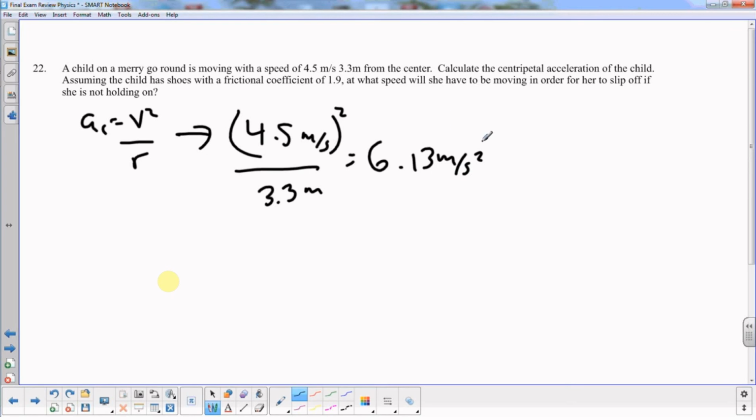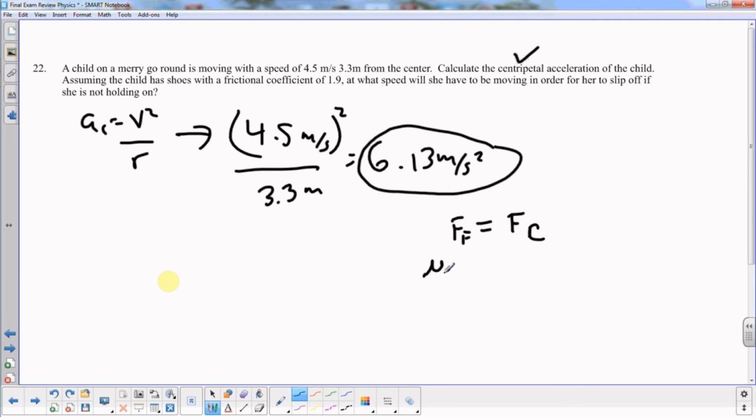Check. So when the child has shoes with friction at 1.9, with what speed will she have to move in order to slip off? So now we're going to say friction is giving us the centripetal force. So let's stick in algebraic terms here. Mu Fn is giving us mv squared over r.